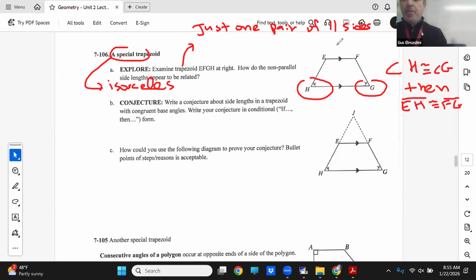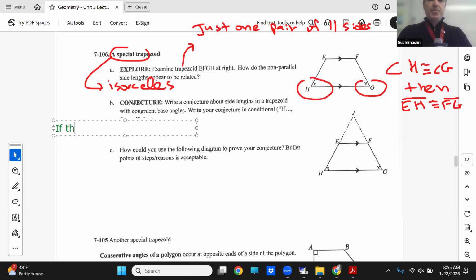So anyhow, we have parallel sides, EF and HG. We're told that angle H and angle G are the same. So apparently, if that's true, then we're saying EH equals FG, but we have to prove it. So you have to write a conjecture about the side lengths. A conjecture is basically like an if statement, like a theorem or a theory.